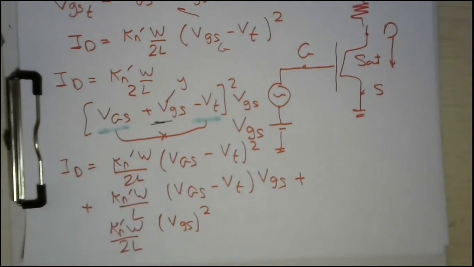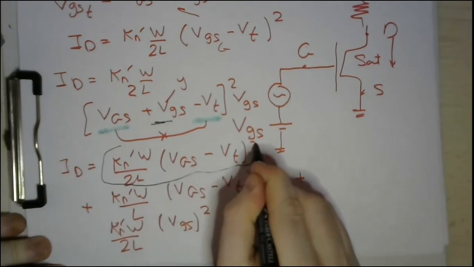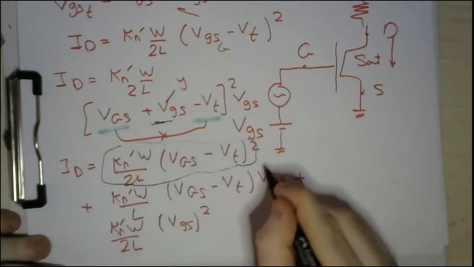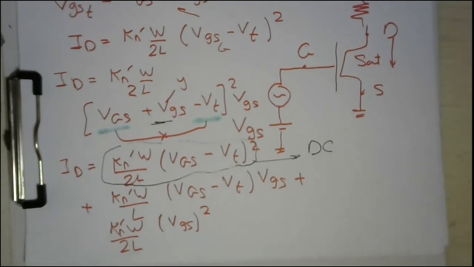This ID current is the composition of 3 components. The first component is a pure DC component, Kn dash W over 2L.